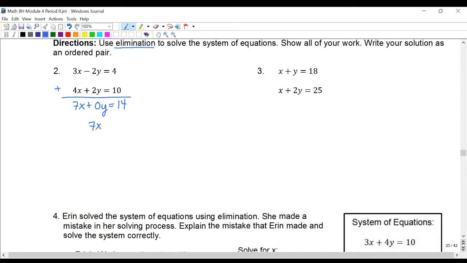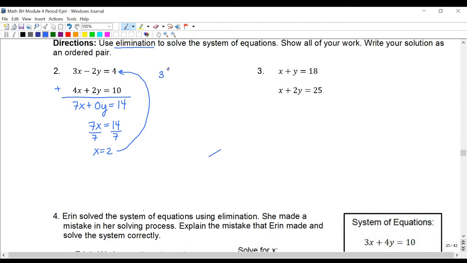So we have an equation that is 7x equals 14 because when we add the equations together, it eliminates a variable. And we will finish solving for x by dividing both sides by 7, and we get x equals 2. Next, we're going to take this and plug it back into one of the two starting equations to get our other answer.